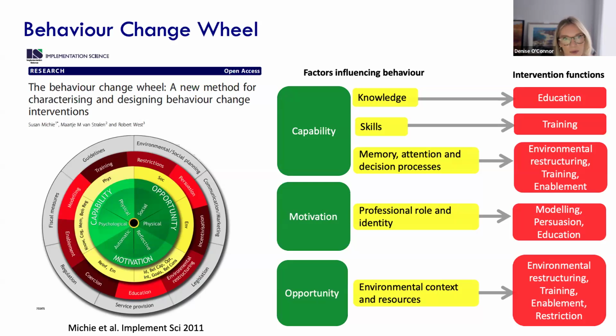We have one example, the behaviour change wheel, and this links different factors influencing behaviour. So the bubbles in yellow and green that I've talked about before, and some of the terms here are familiar because they relate to the theoretical domains framework. And they link those factors to interventions that are theorised to redirect or alter those things, and they're shown in red.